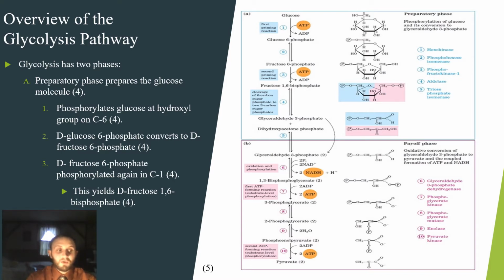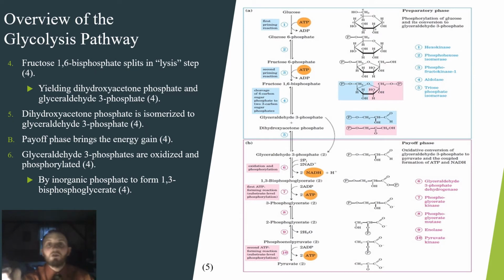And this is, of course, important in order to create glyceraldehyde 3-phosphate, which I'll get into in further detail. For both phosphorylations, ATP is required. As you can see, ATP is being used.